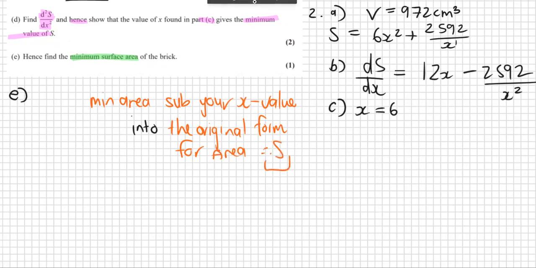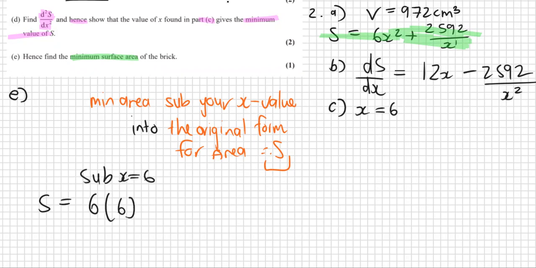So it's a nice relaxed end to question 2. We find our S formula, which we previously worked out over there, and we sub in. So our surface area is going to be, subbing x equals 6 into the formula, 2592 over 6.